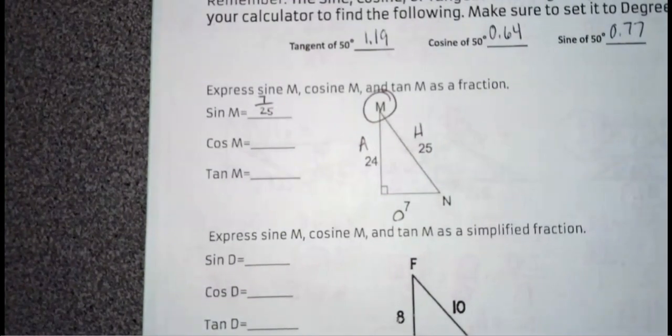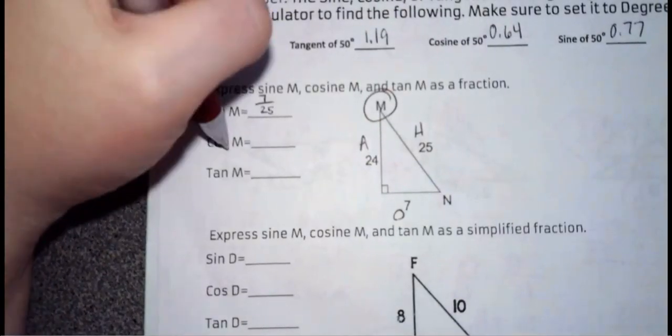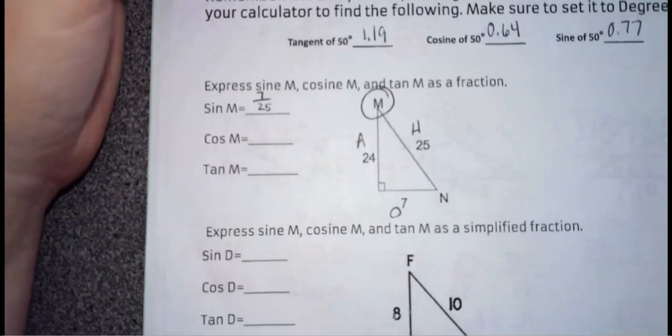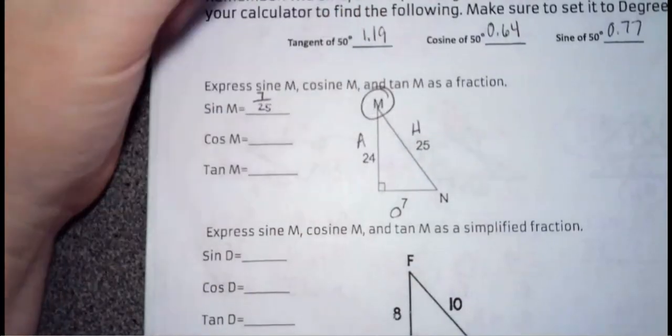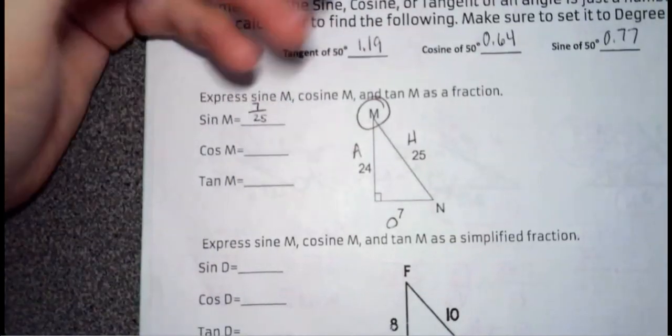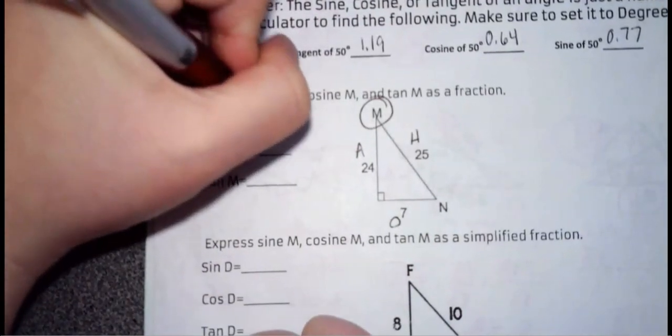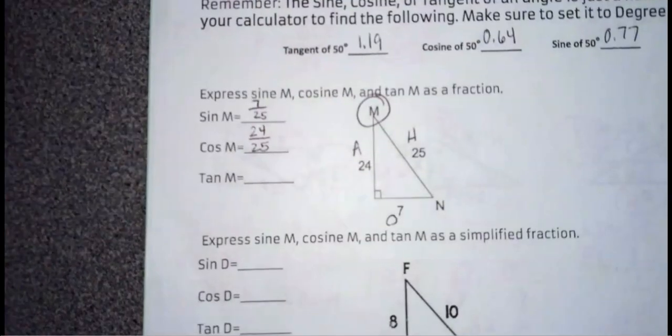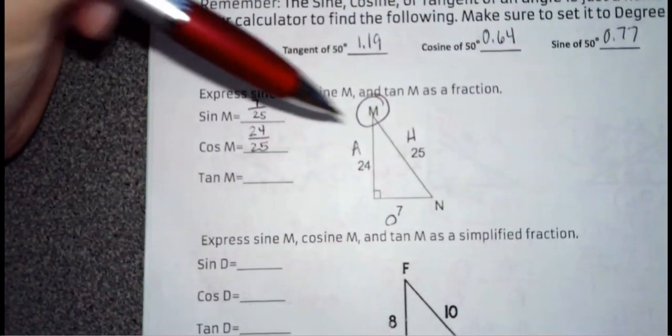So you're not typing in sine in your calculator or anything. You're just putting it in a fraction. All right, cosine is going to be the caught another hippie, adjacent over hypotenuse. So 24 over 25. That's going to be the cosine.